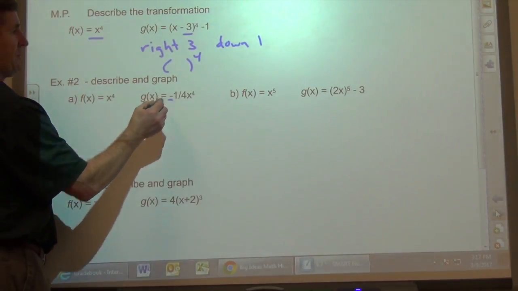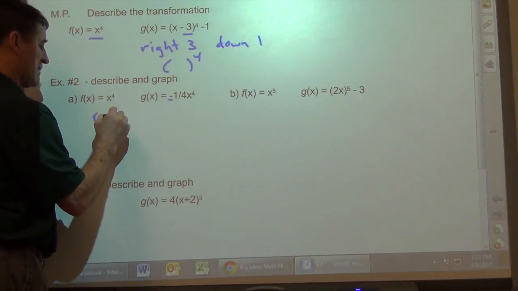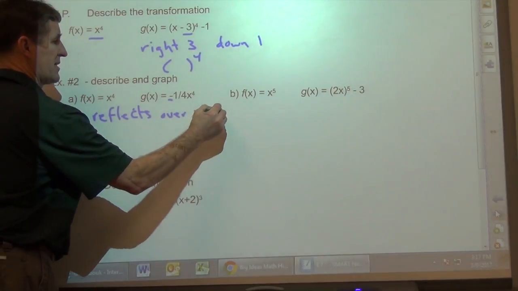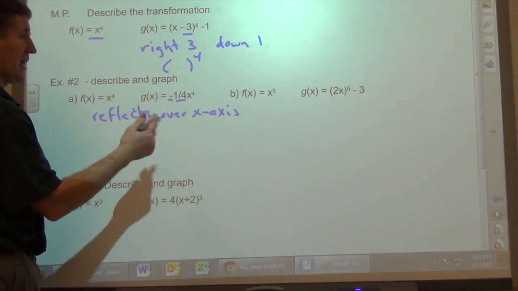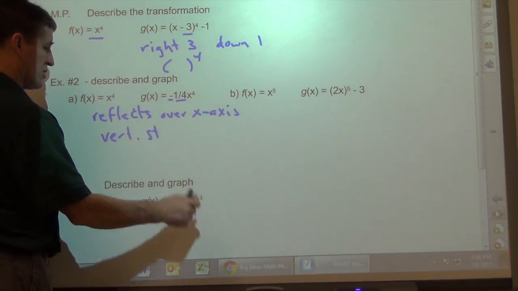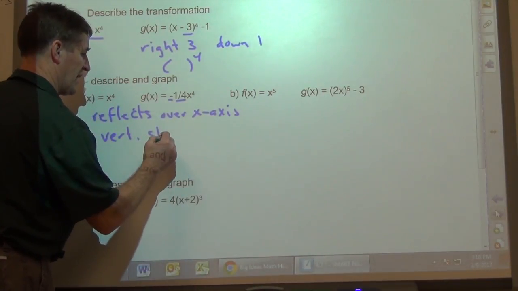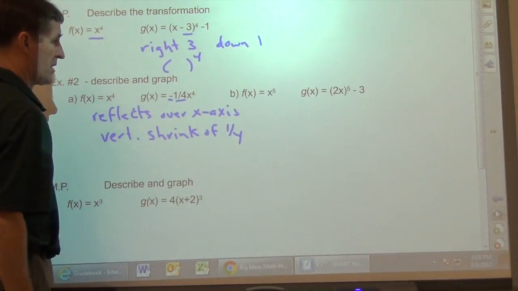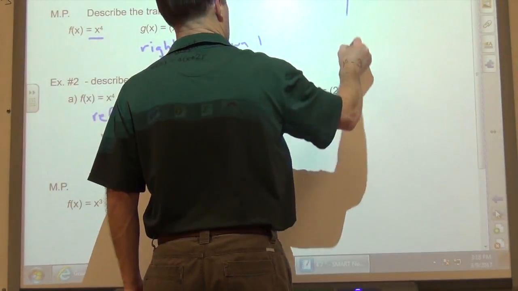So in this case, that would be a vertical reflection. So it reflects over the x-axis. And then the 1/4 again is outside, so that's a vertical shrink, because it's less than 1. A vertical shrink of 1/4.